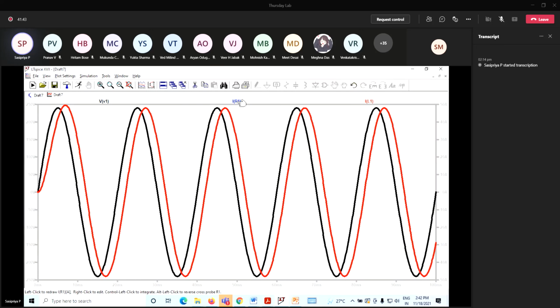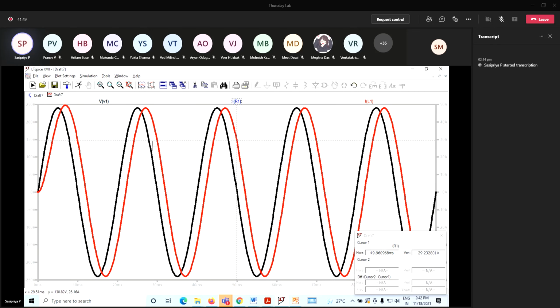You are getting a hand symbol, right? Just click. So you are getting a cursor, a trace, both horizontal and vertical. Now for V of V1 also do the same step. See, now I got two cursors. This is cursor 1 and this is cursor 2.